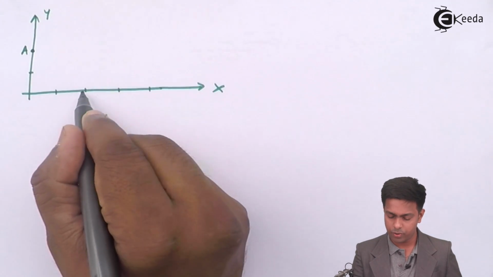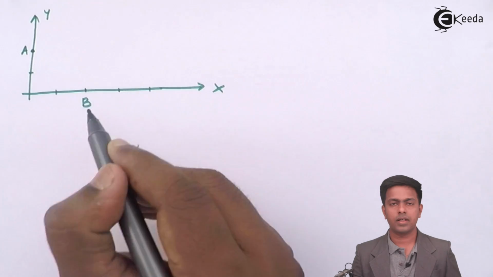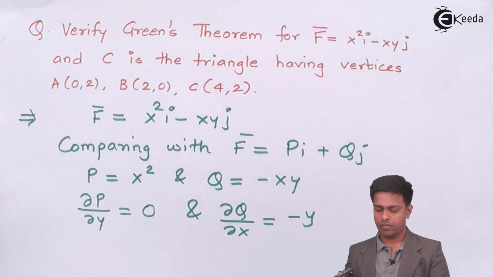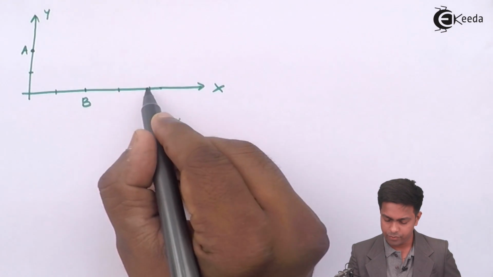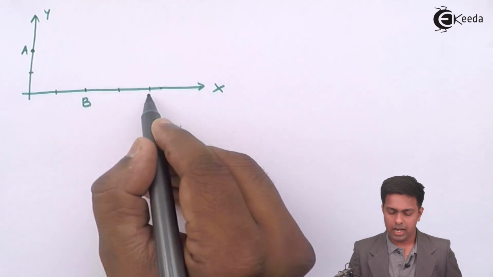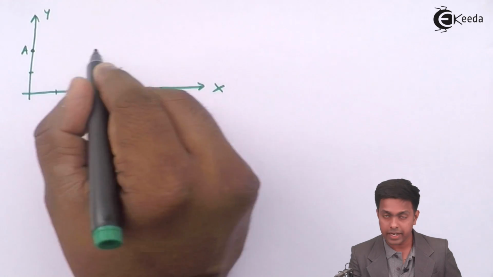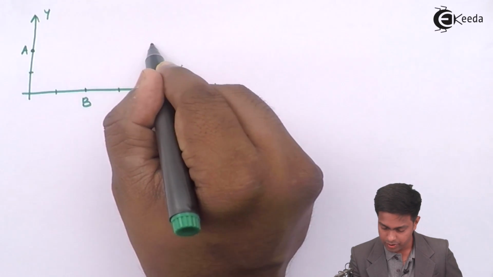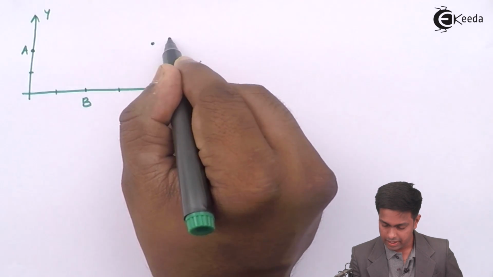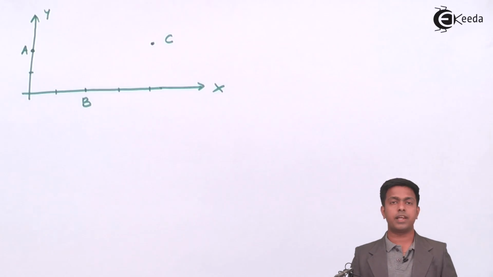So this will become B. Then (4, 2): X is 4 and Y is 2. This point will be the intersection of these two lines, so here we'll get C. And guys, if we connect these 3 points, we will get a triangle.